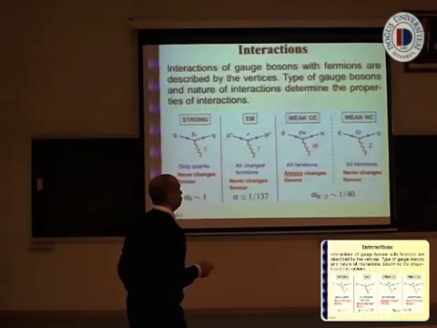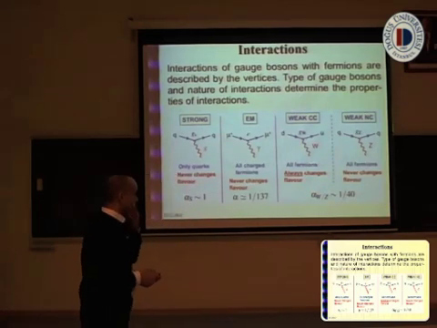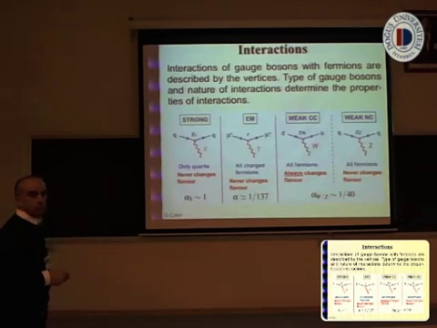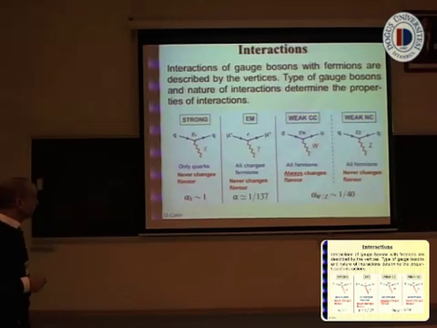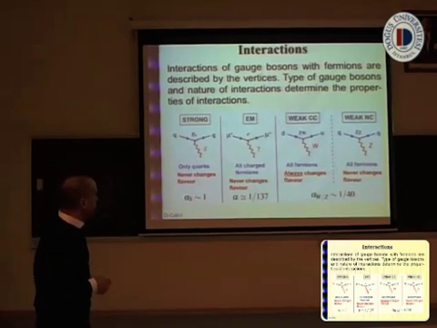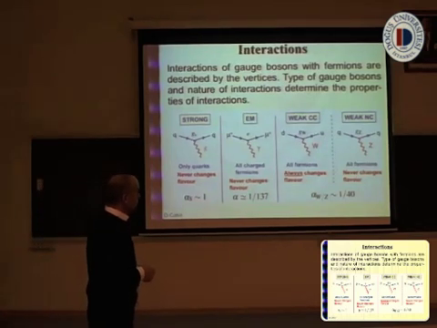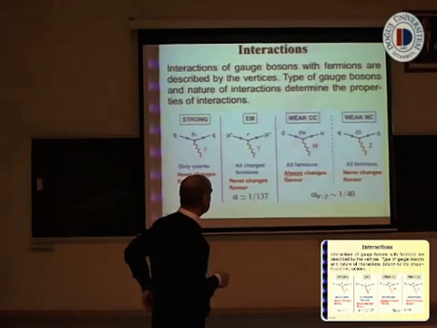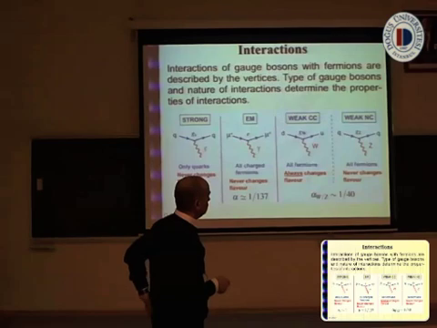Quark comes and quark goes again. Also, this interaction doesn't change the flavor. Their strength is given here approximately at very low energies. For example, alpha_S, if it is of the order of 1, then the electromagnetic fine structure constant alpha is 1 over 137, and alpha_W,Z is of the order of 1 over 40.